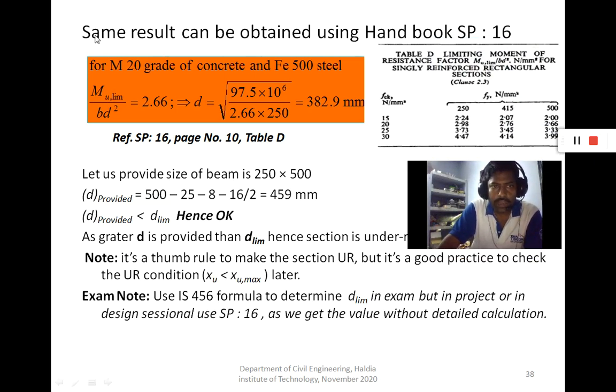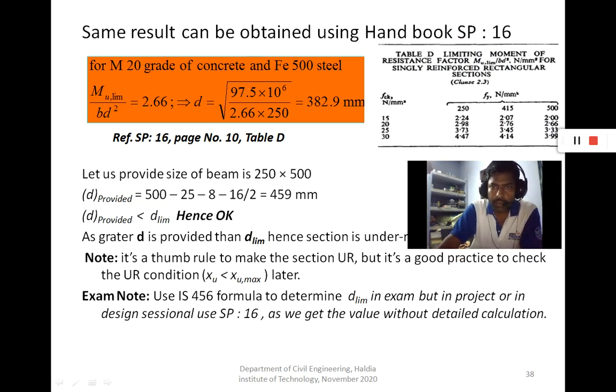Now the same result can be obtained using the handbook SP16. SP means special publication, and we have already explained SP16, when it is required and what the uses of SP16 are. Basically, SP16 tables and charts are prepared from the IS 456 guidelines and equations.